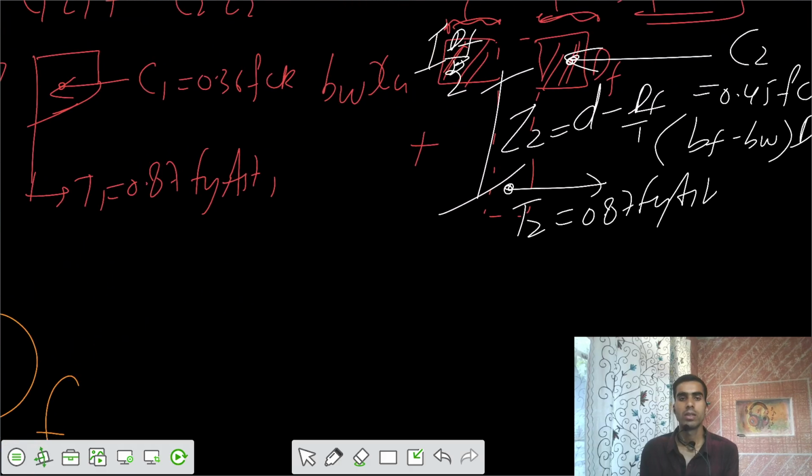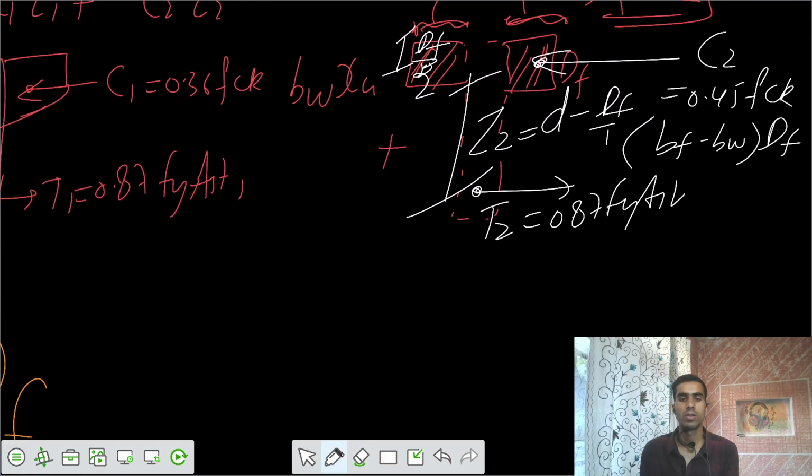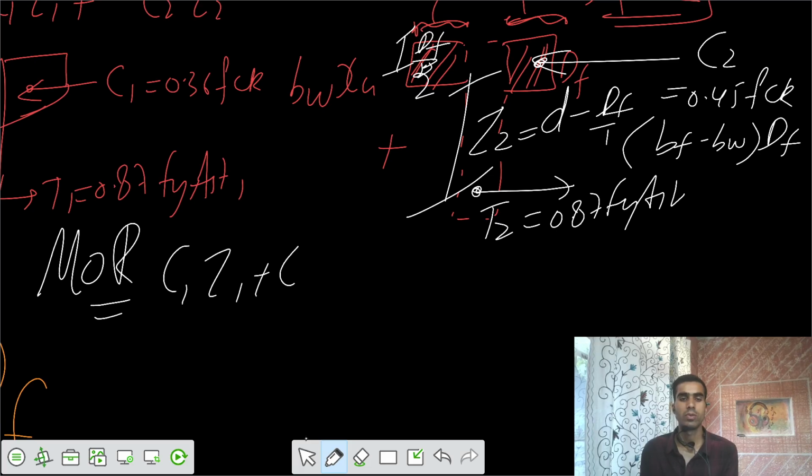So let's solve for the total moment of resistance. The moment of resistance is C1Z1 plus C2Z2.